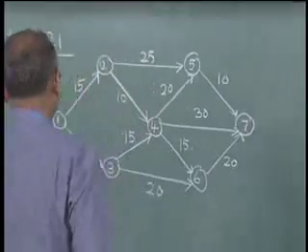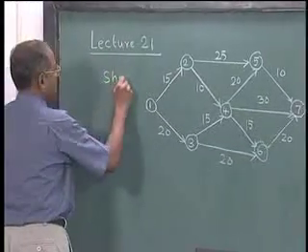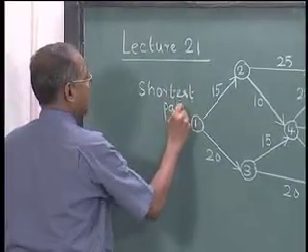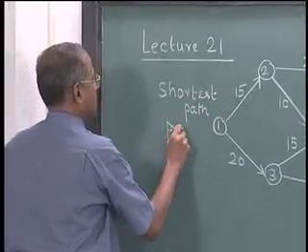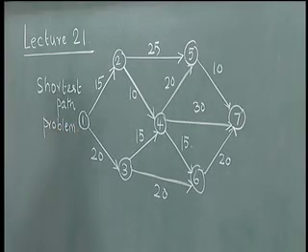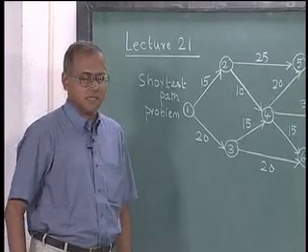In this lecture, we continue our discussion on the shortest path problem. We have already described the shortest path problem, Dijkstra's algorithm, and the optimality of Dijkstra's algorithm in earlier lectures.